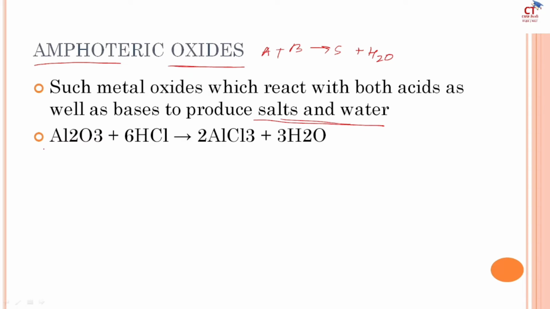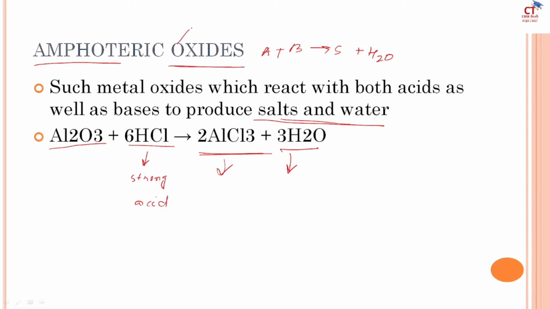Example of this is Al2O3 plus 6HCl, that is a strong acid, will give you a salt, that is AlCl3 plus water.